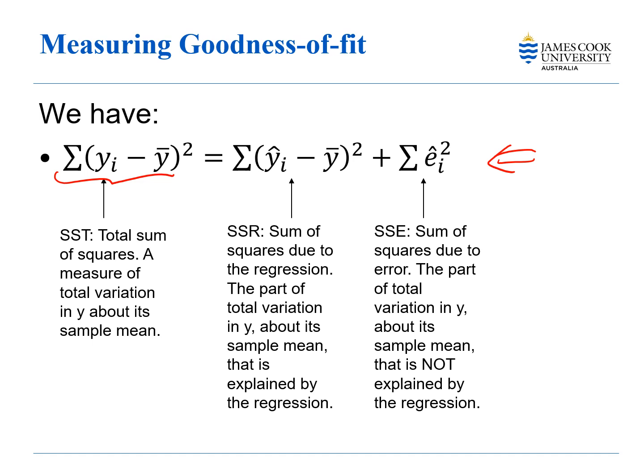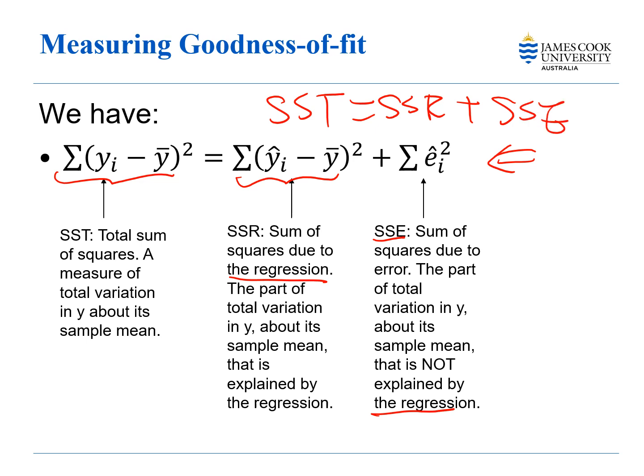And this is the sum of squares due to the regression, SSR, explained by the regression. And we call SSE the sum of squares due to the error, not explained by the regression. So now we have SST equal to SSR plus SSE.